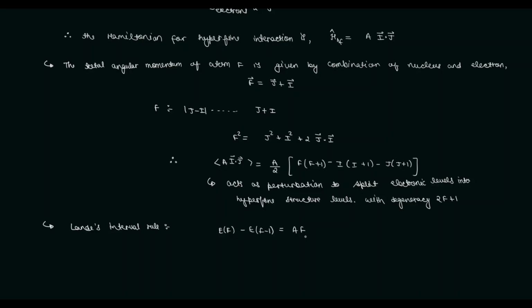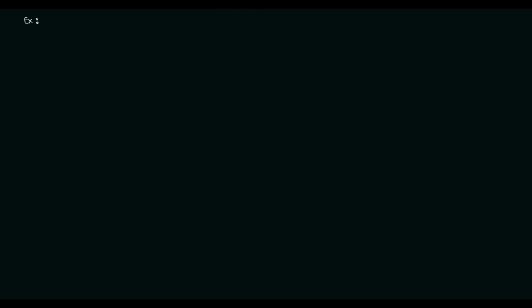Now let us take an example to understand hyperfine structure. Consider the example of atomic hydrogen in the ground state, which contains one proton. So therefore I will be equal to 1/2, and there is only one electron. So the value of J is equal to the value of S, and it will be equal to 1/2.